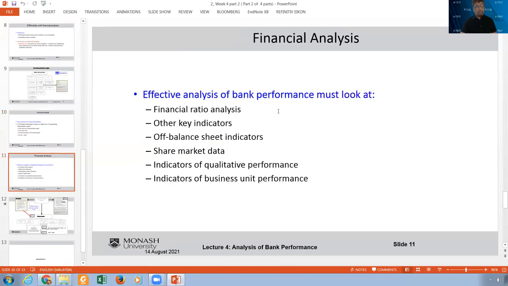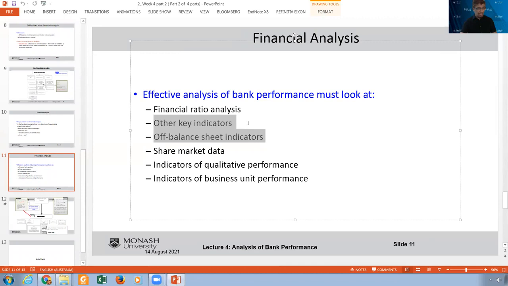Therefore, we move to the effective analysis of bank performance. We have to look at the financial ratios, but also at other key indicators, including the off-balance sheet, share market data, indicators of qualitative performance, and indicators of business performance.